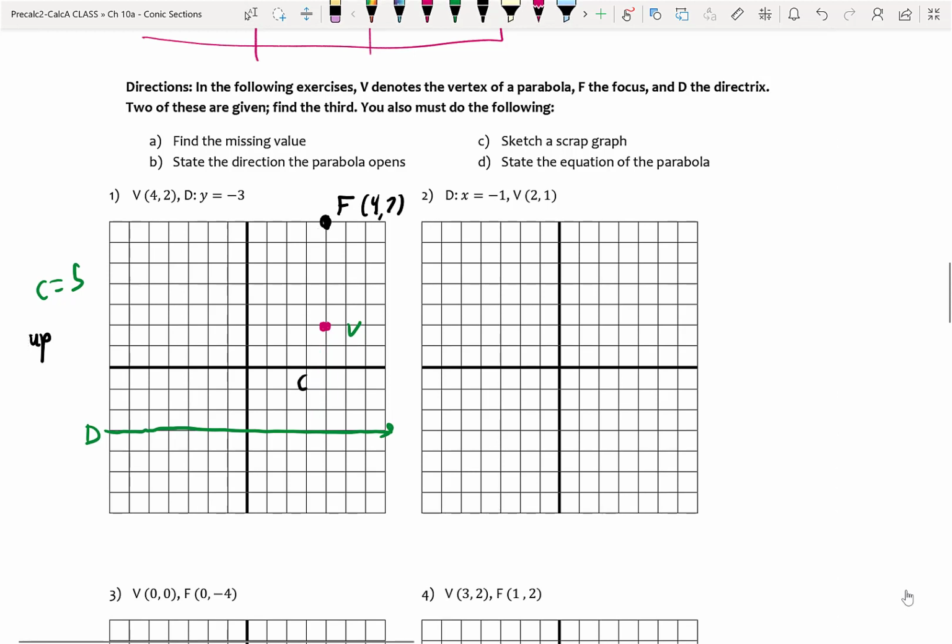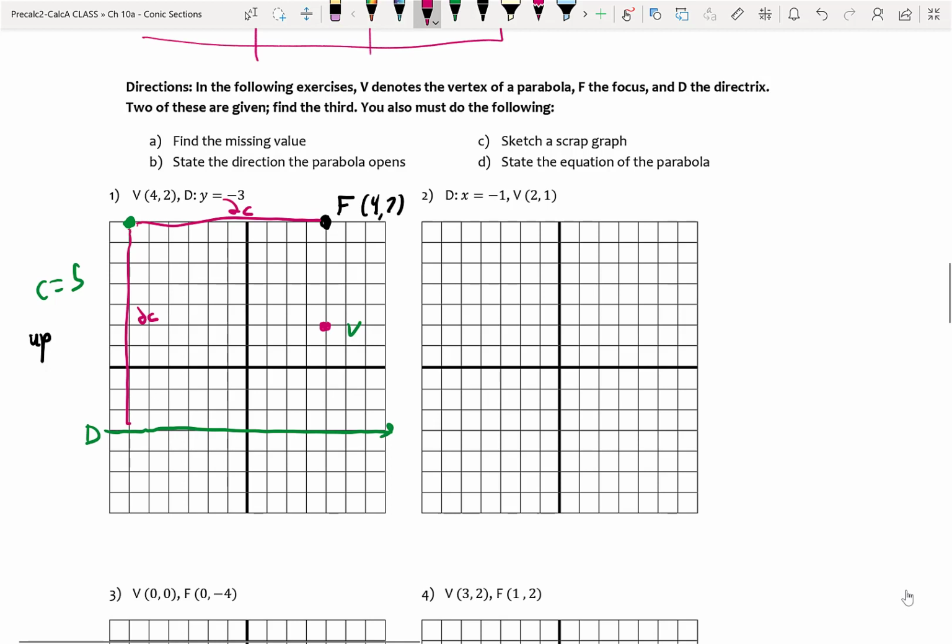And to do that, let me kind of erase this. I am going to go left and right from the focus 2c units away. So I'm going to go left 10, and I have a point there. This point right here is 10 units away from that and 10 units away from the directrix. Those are 2c units away, which gives me another ordered pair that I can use.